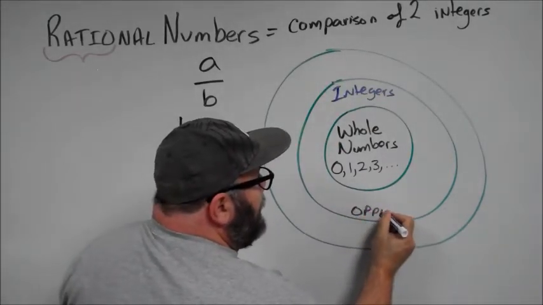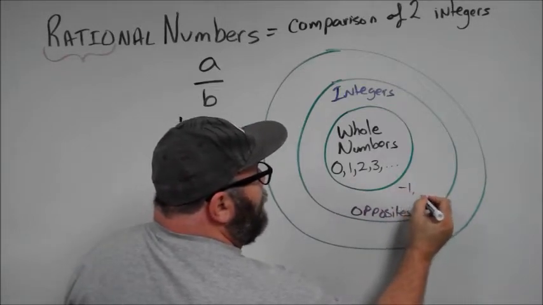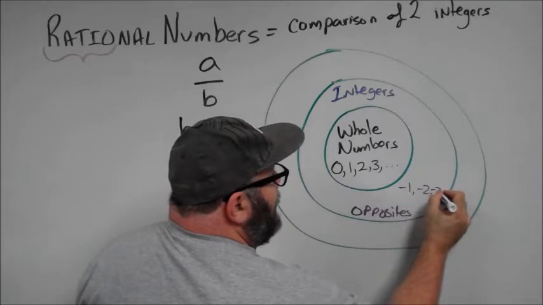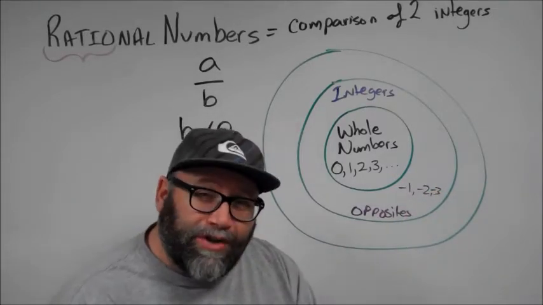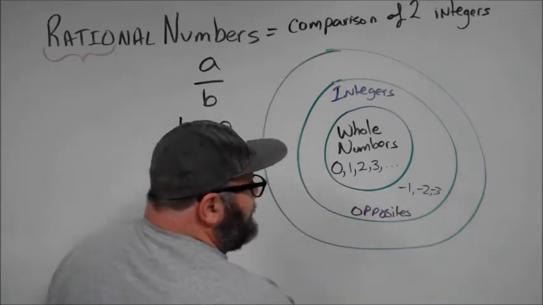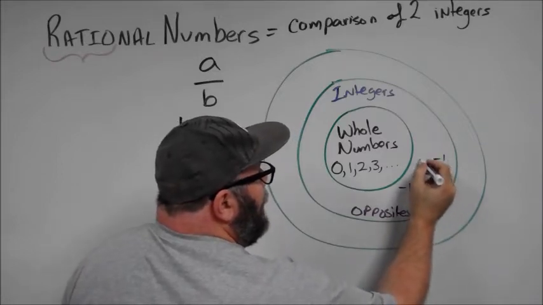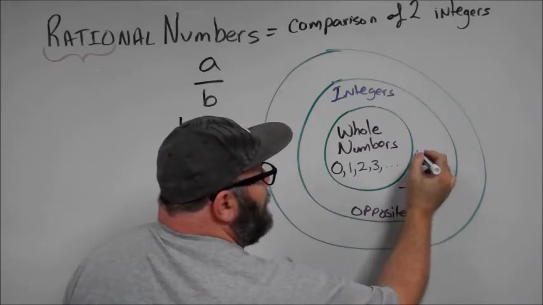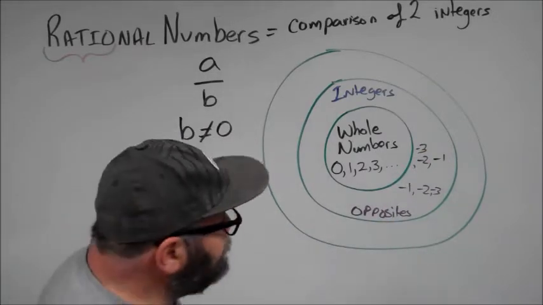So the integers bring in the opposites of the whole numbers, which is like -1, -2, -3. Now, just as a reminder, I wrote that in reverse order, right? On your number line, what you want to see is -1, -2, -3. That goes off to the left.